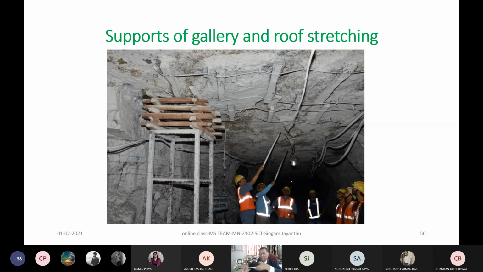Now you can easily understand. This is a tie rod, and up to 2 meter, 3 meter, whatever is the length of the bolts, all that material will be under compression. Now you just imagine, when my roof is under compression like this, it is pressing like this, so it will not fail, right? This has a total beam, compressed, reinforced, and this requires a lot of load.